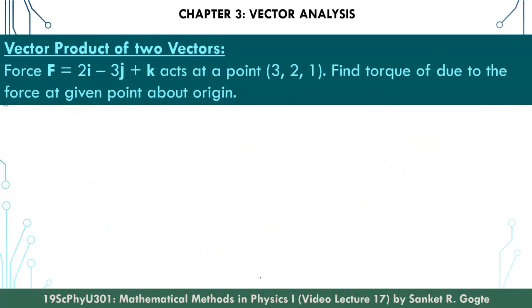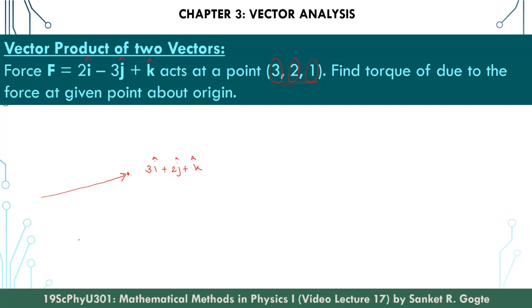Let's consider one application. So what we have is this force, which is acting at this point. Let me consider that this is the point with x coordinate as 3, y coordinate as 2, and z coordinate as 1, and therefore the position vector for this point where the force is acting is 3i plus 2j plus k.